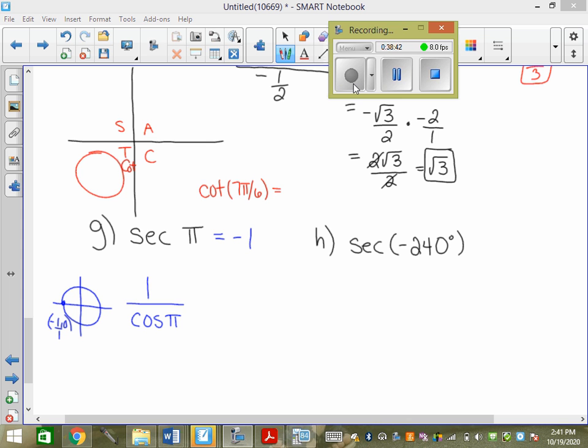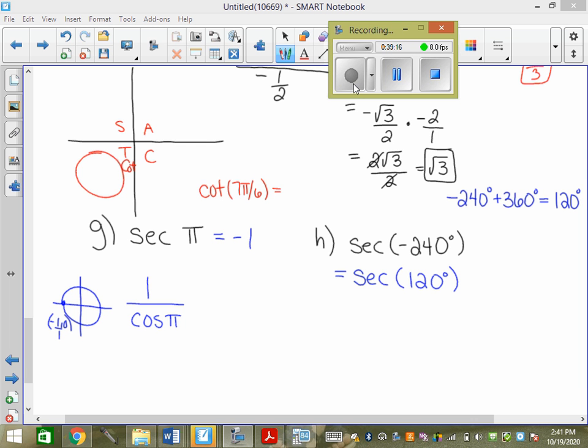So secant of negative 240, I add 360 to it because I want to get onto the unit circle. I'm negative. What does that give me? 120. Is 120 on my unit circle? Yeah. So secant of negative 240 is the same as, equals secant of 120. I'm going to show that middle step. Now 120 is on my unit circle, it has an x variable that goes with it. What's the x at 120?